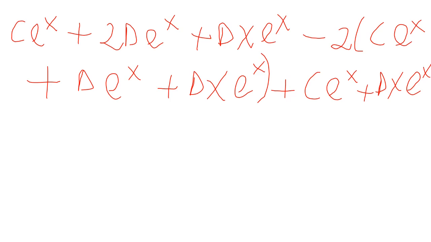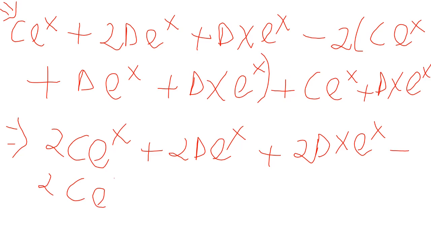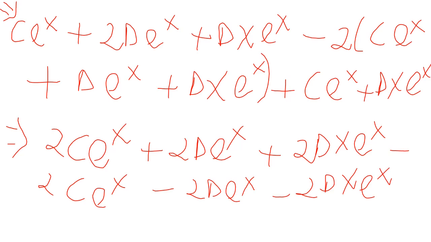We cannot just leave this equation like this. Actually, we must put an implication sign here. So this therefore implies that we are going to have 2c e to the x plus 2d e to the x plus 2dx e to the x minus 2c e to the x minus 2d e to the x minus 2dx e to the x.